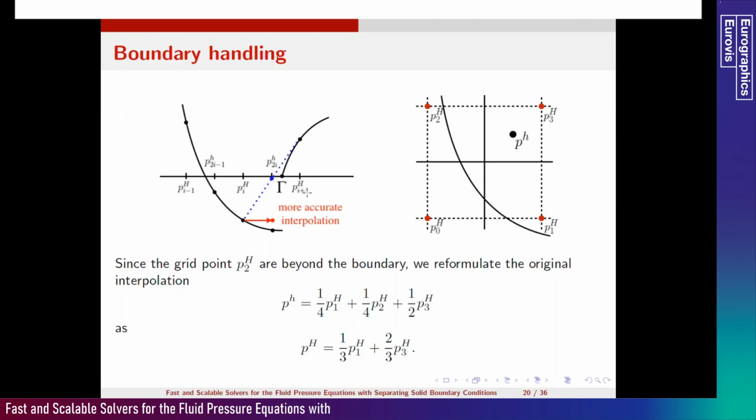If we remove the points outside the boundary, we can get a more accurate interpolation, which is shown as the red line. To deal with this, we modify the interpolation by taking these points away and rescaling the weights. For example, in this 2D grid, the barycentric interpolation requires the points 1, 2, and 3, but we take away point 2 because it is outside the boundary.